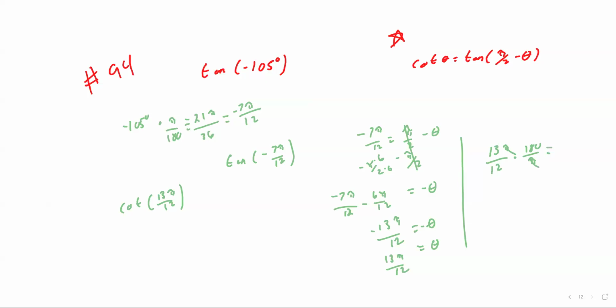So 180 times 13 divided by 12 gives me 195 degrees. So this is then the same thing as cotangent of 195 degrees. Okay, and there you go. So again, just using cofunctions to find out what the exact same answer of this is written differently, right? Same answer. And I think there's one more type of problem.